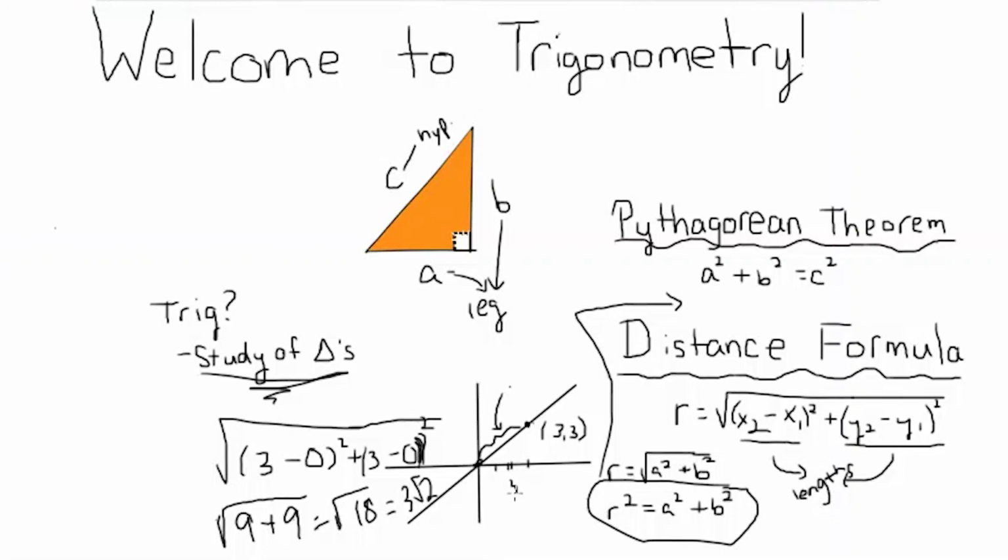The length from 0 to 3 is 3 units, and this is also 3 units from here to here. This is 3 units, and this is also 3 units. And this is 3 root 2 units.